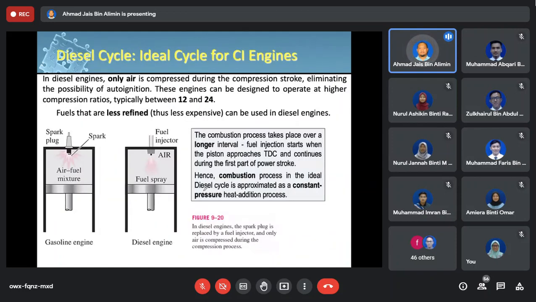Okay, the next one is the diesel cycle, the ideal cycle for compression ignition. The difference with spark ignition is that for the diesel cycle, the ignition happens because of the high pressure inside the chamber, and once the pressure reaches the required level, combustion can be encouraged.